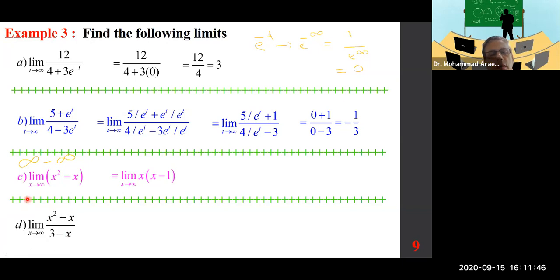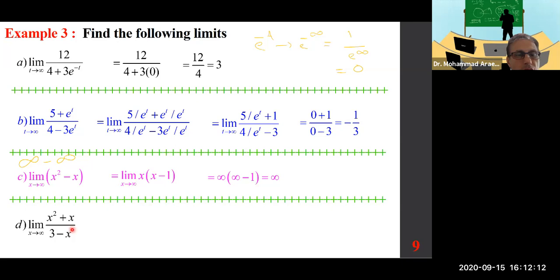Now you have infinity times infinity minus 1, which is still infinity. So when you're dealing with infinity minus infinity, we really don't know what the answer will be. It's indeterminate, and we have to use our algebraic techniques to fix the problem and get to the answer.